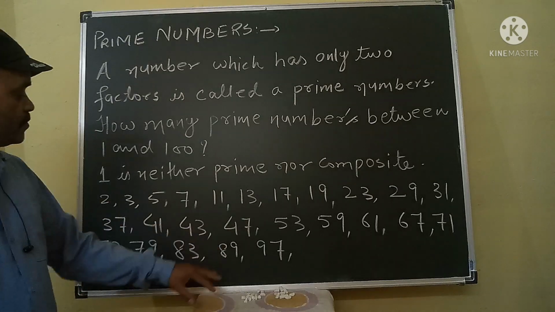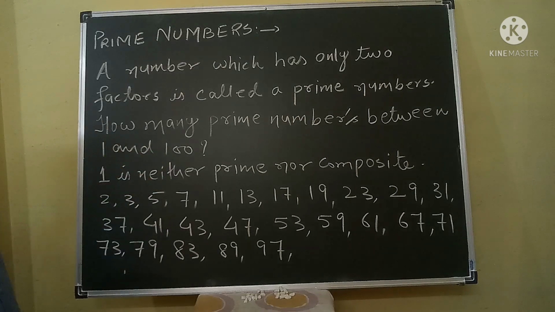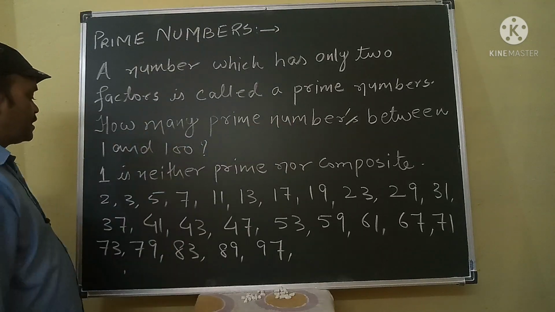So these are the prime numbers between 1 and 100.